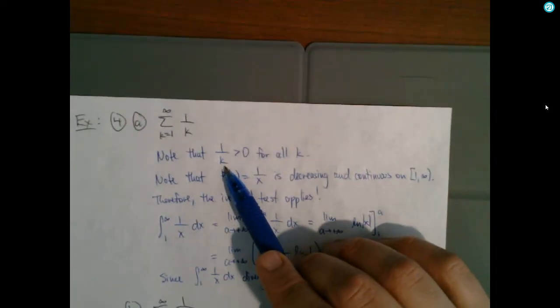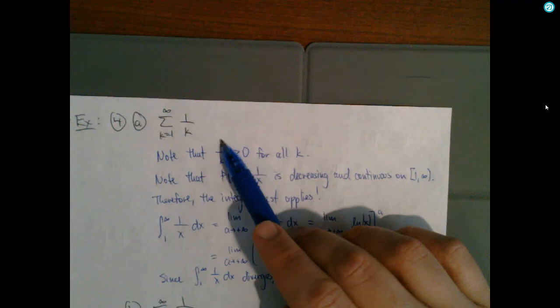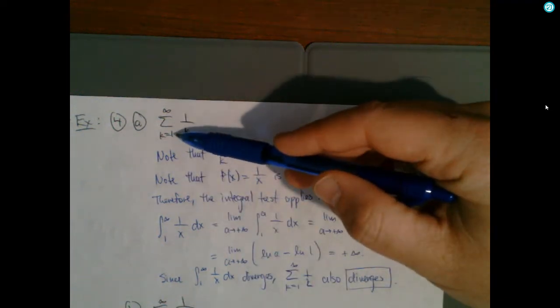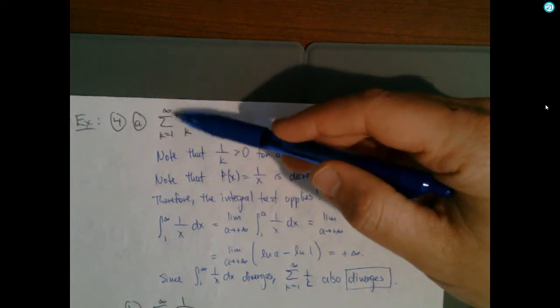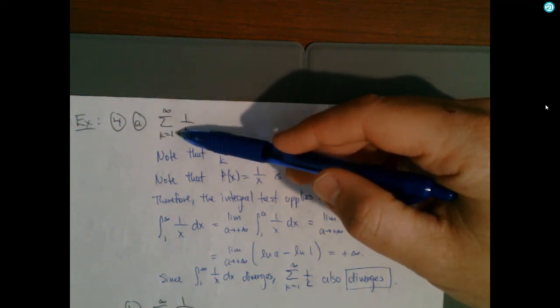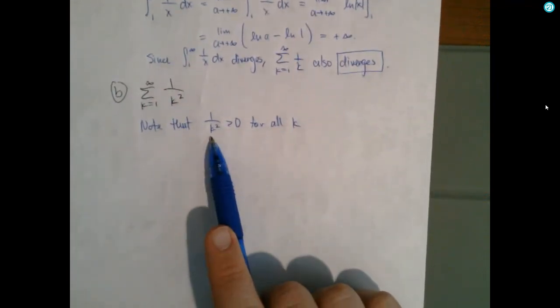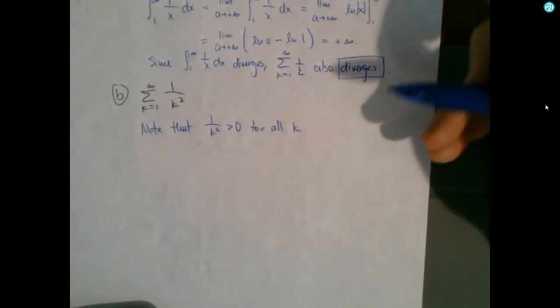By the way, if k is like negative 2, then obviously this is not positive, but here I'm saying for all k where k is a natural number, a positive whole number, so this is definitely positive.